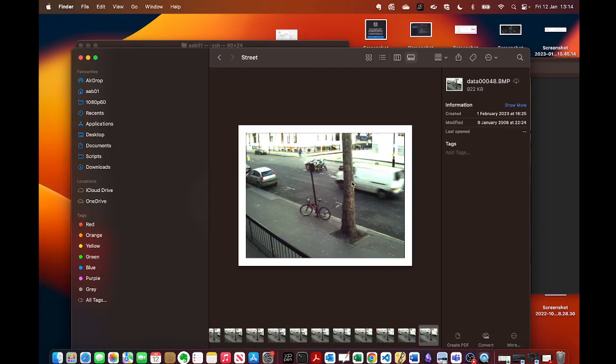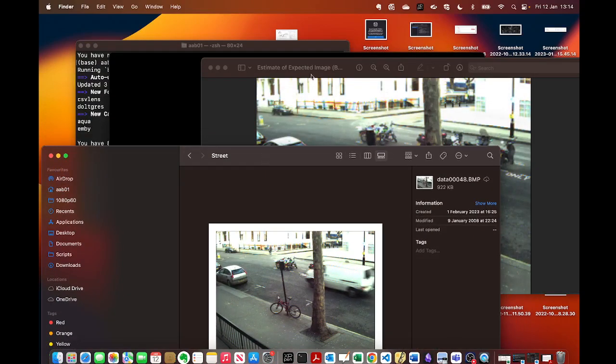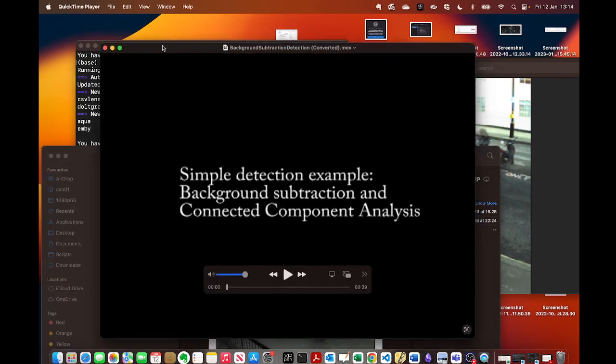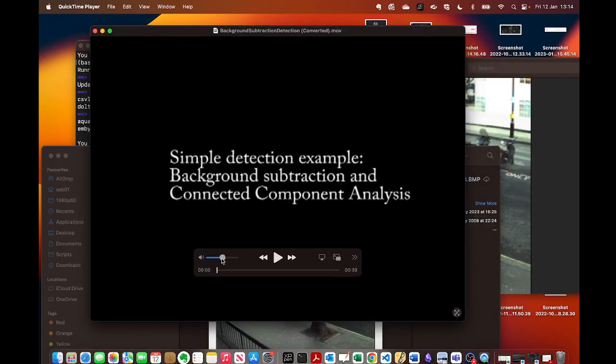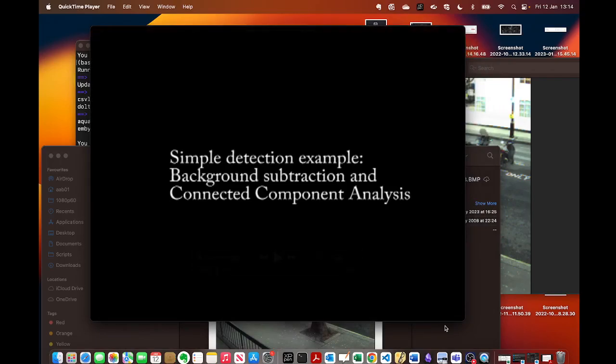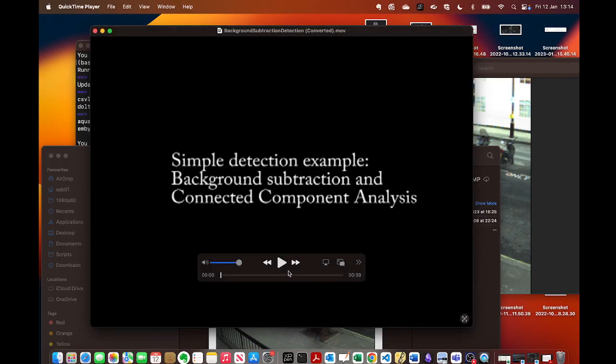So if I subtracted the background from this, I would just get an image showing me the van. That's really cool, and it's the basis for quite a lot of algorithms that are out there at the moment in computer vision. So here is a demonstration of applying that approach to do the detection of objects in a scene.